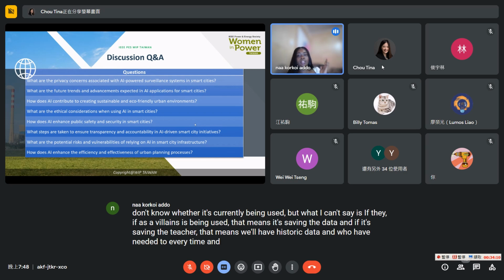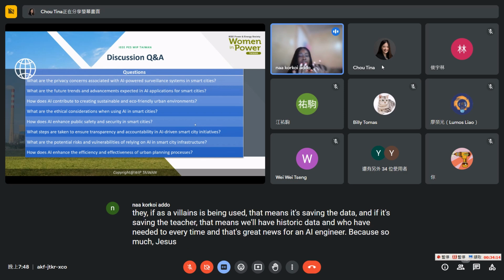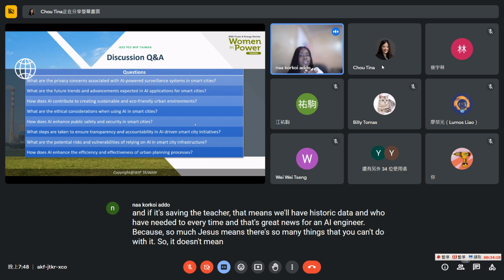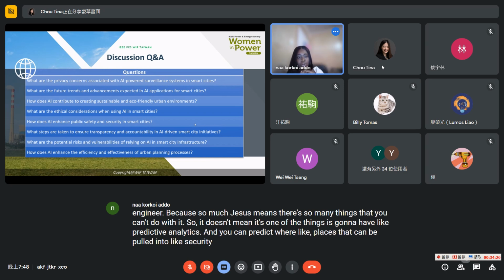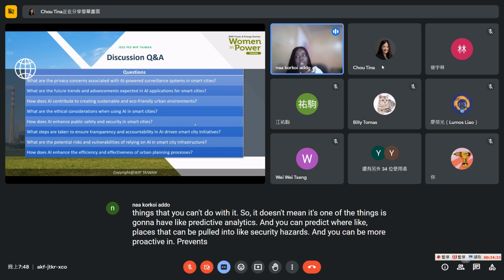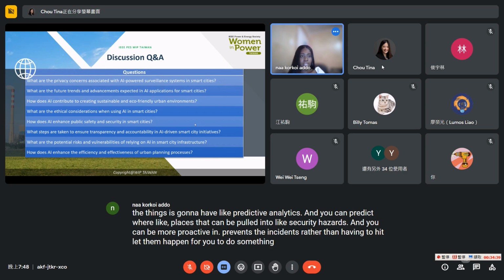That's great news for an AI engineer, because so much data means there are so many things you can do with it. One of them is predictive analytics: you can predict places that can be prone to security hazards, and be more proactive and prevent incidents rather than letting them happen before you do something about it.